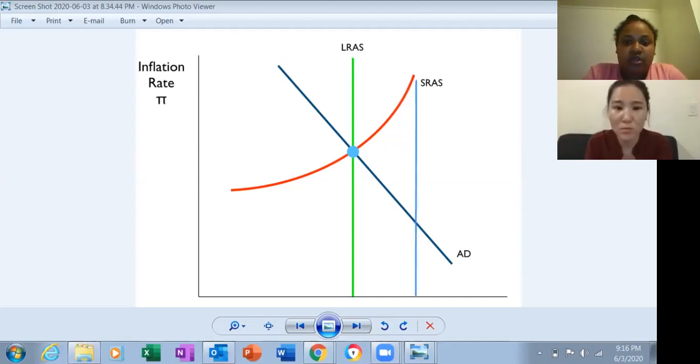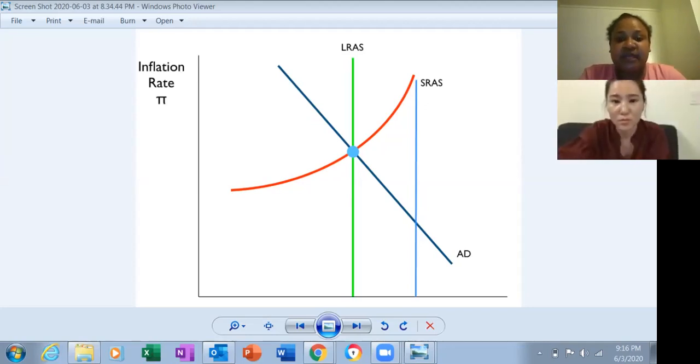So now you can see that the lower electricity has an effect on the supply curve, and the supply curve moves to the right side, and now when it moves everything together, you can see that we're gonna have a new equilibrium, and I'm gonna show you where the new equilibrium is. It's gonna be right here.